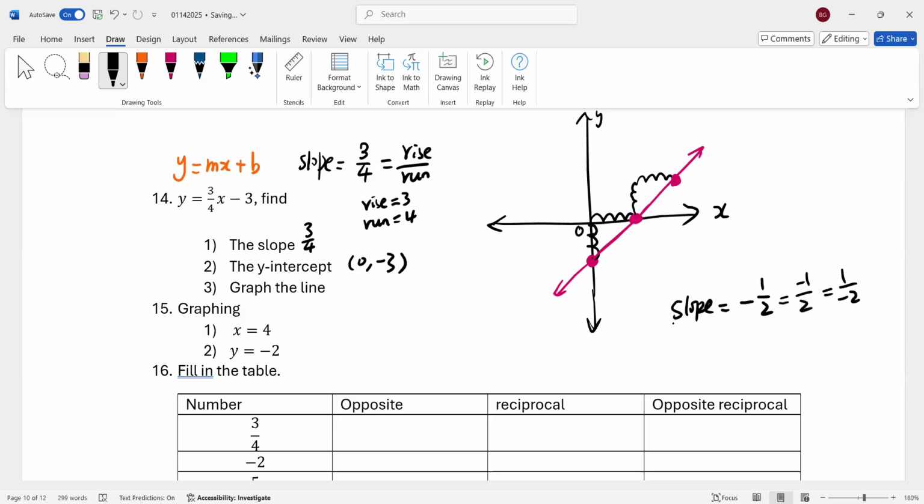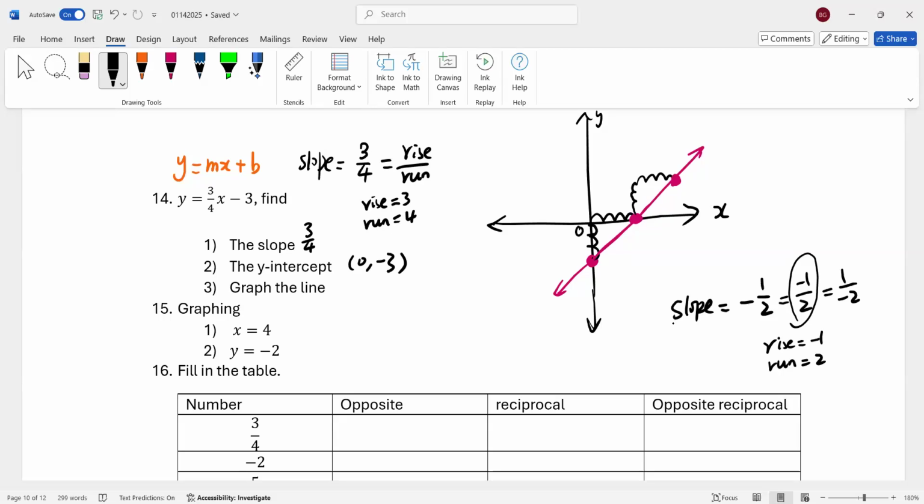The negative sign in front of the fraction can go with the numerator or the denominator. To make it simple for you, just do one. For example, you do negative 1/2, right? Then your rise is going to be negative 1. Your run is going to be 2. So you're going to go down. Rise is negative, so you go down 1 unit. Run is a positive 2, so go to the right 2 units.